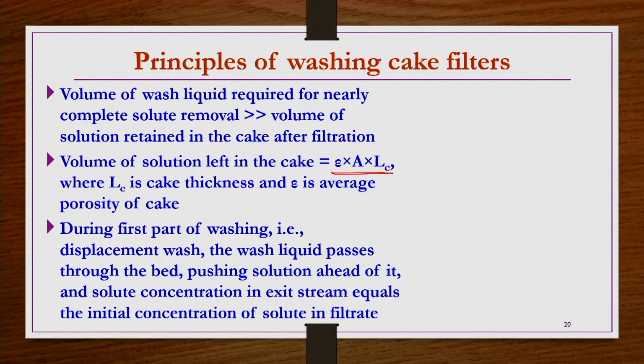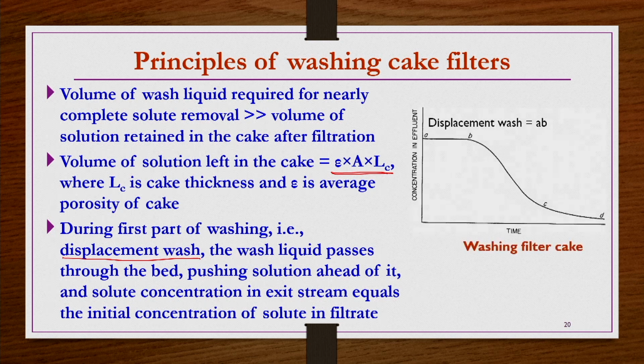Right. So, there are several stages in washing. The first stage is known as the displacement wash, where the wash liquid passes through the bed and just pushes the solution ahead of it, and the solute concentration in the exit stream equals the initial concentration of solute in the filtrate in general. Pictorially, let us say washing a filter cake.